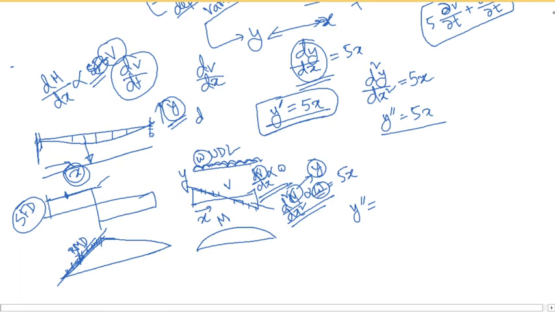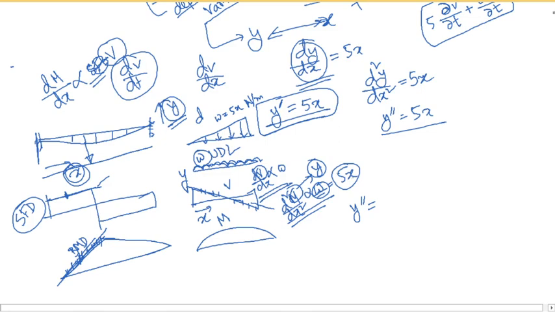So instead of the UDL, it might be a function like this, where this type of distribution is also possible, and we can represent this as w equals 5x Newton per meter. So with the change of x, the w value will also increase.